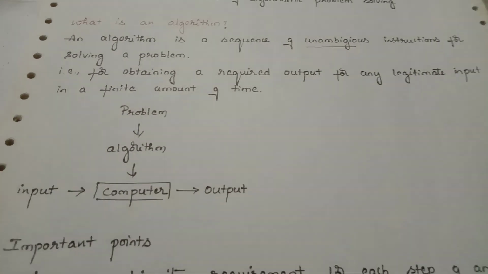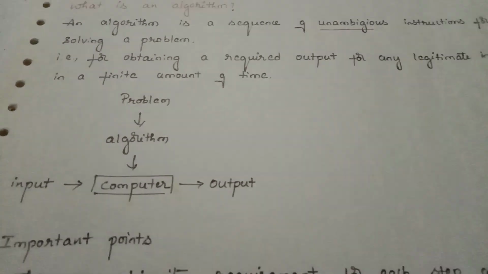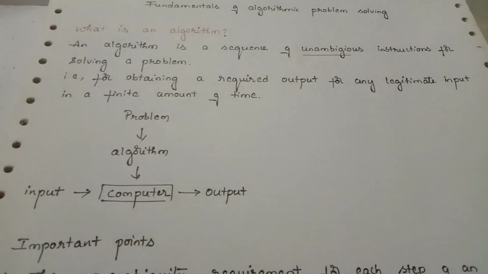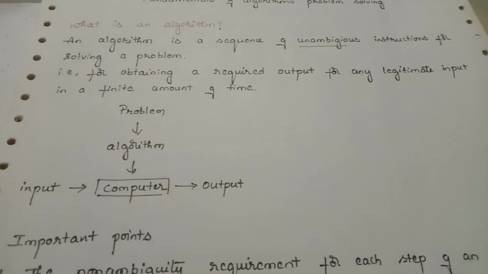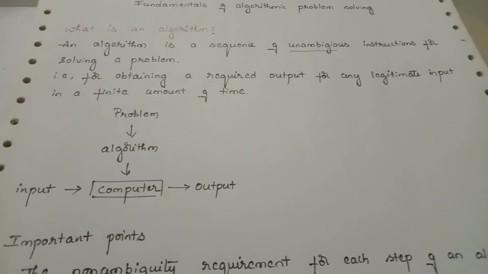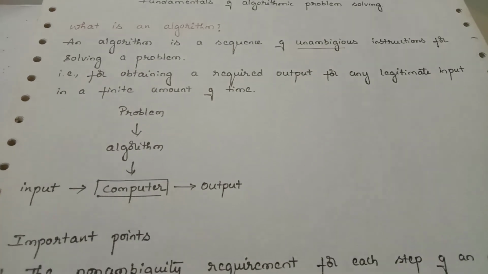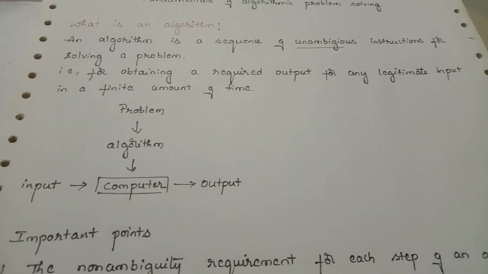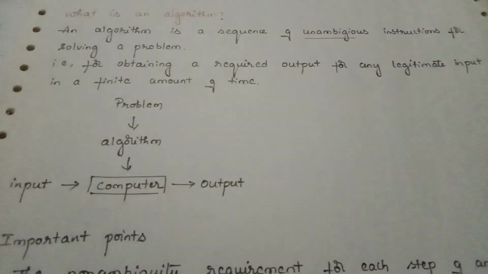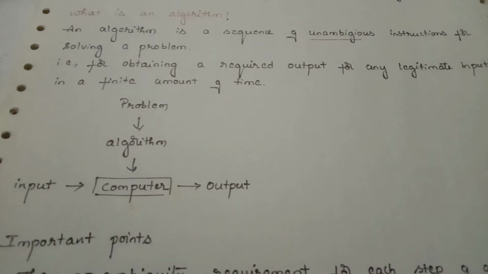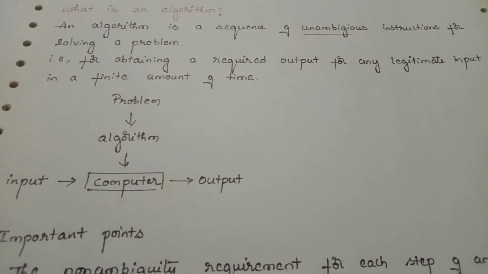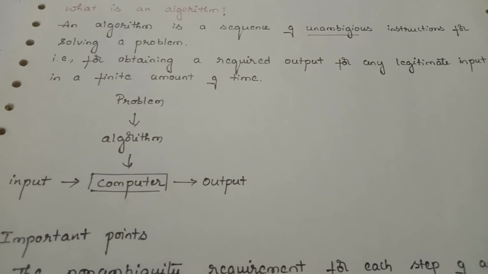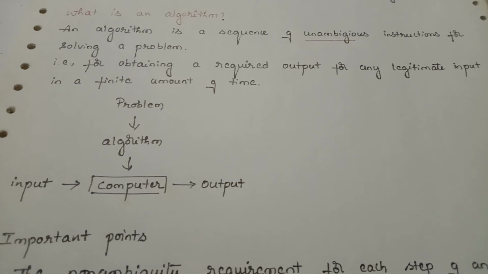Here there is a diagram that shows the notion of an algorithm. Whenever there is a problem, for that we write an algorithm, and we feed that algorithm to the computer. Along with the algorithm, the computer takes the input, works on the input with the algorithm, and produces the output.